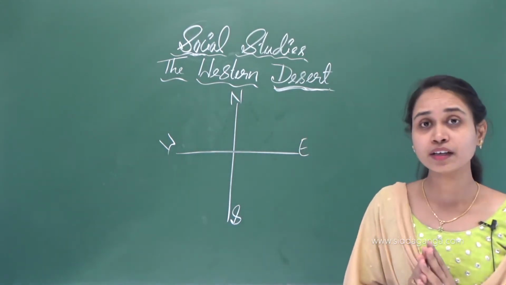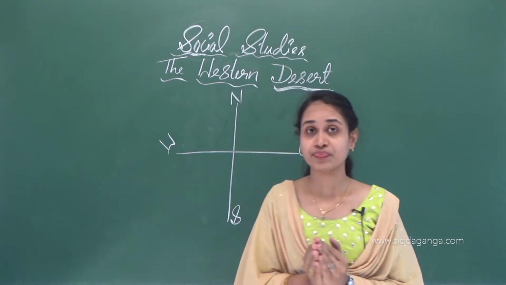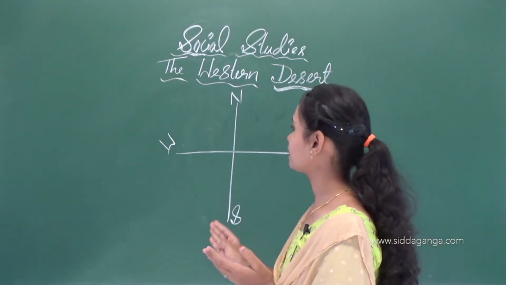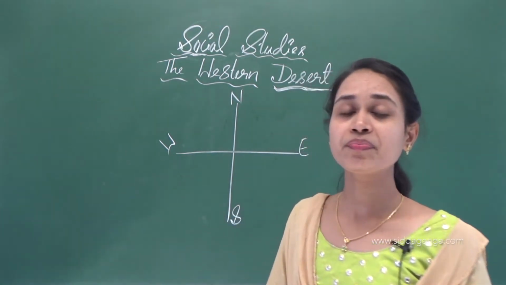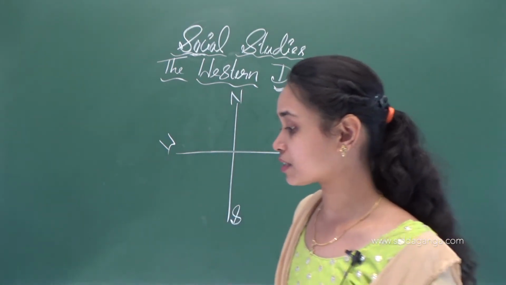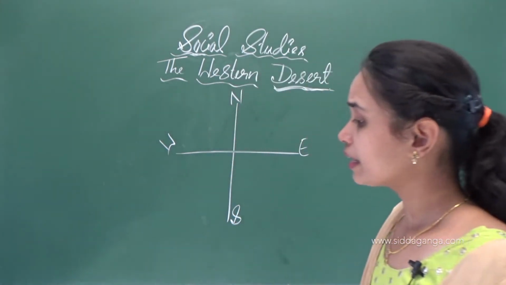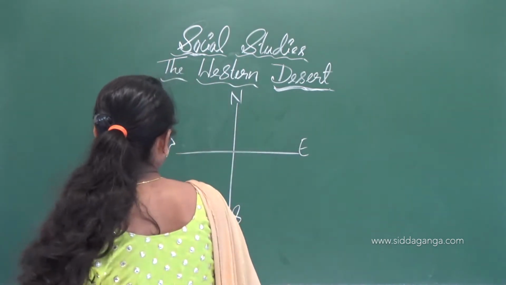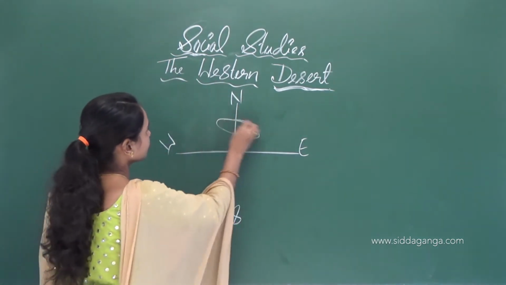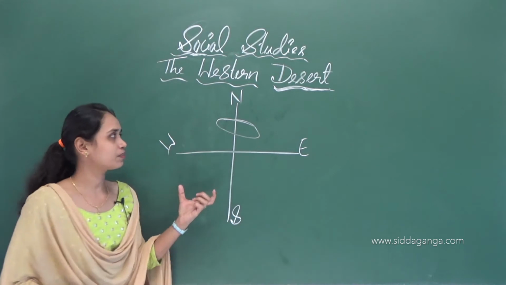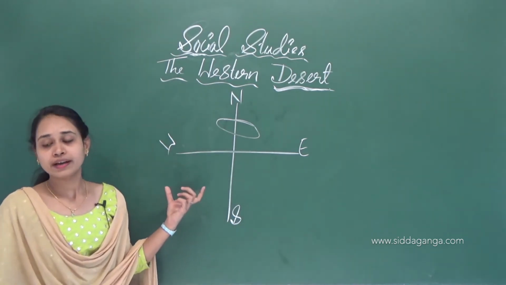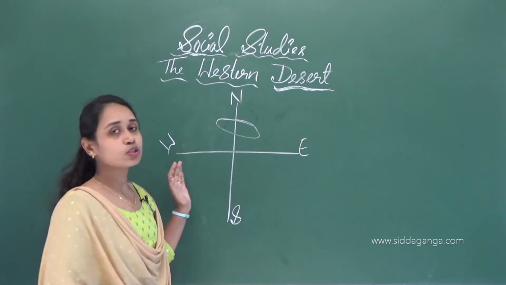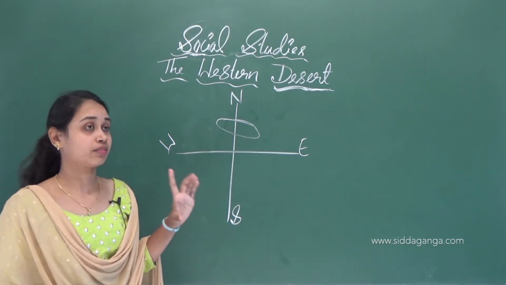In the western part we can see the Western Desert. After the Northern Plains we can see the Western Desert. Here it is. The Western Desert is also called the Thar Desert.